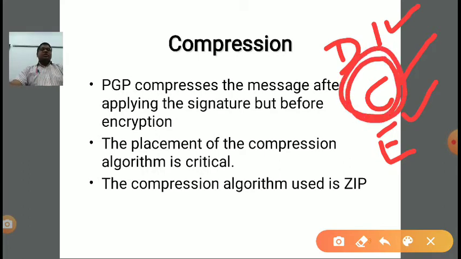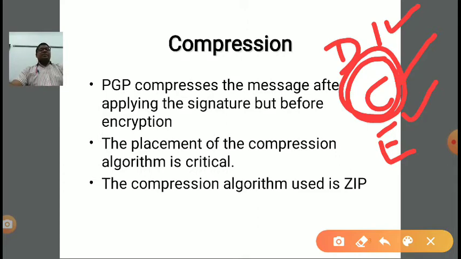Now one question comes into all of your minds: why is this order mandatory to follow, or can we change this order? Means compression can be done before digital signature, or encryption can be done before compression, or encryption can be performed before digital signature.